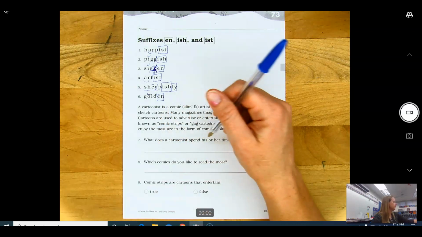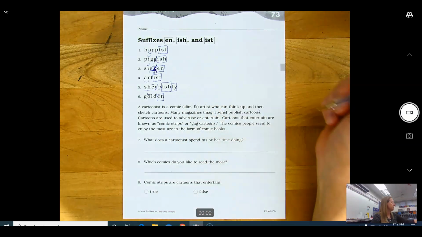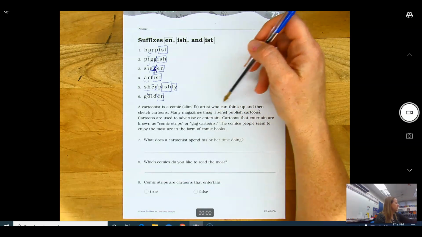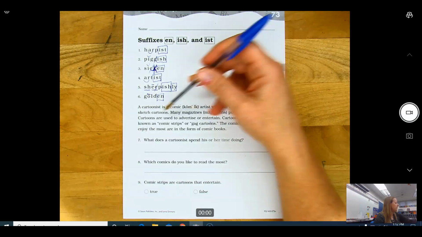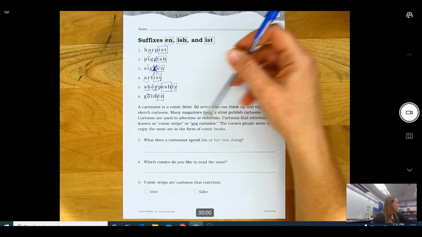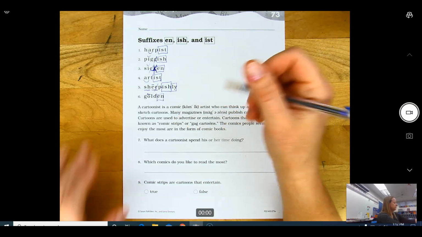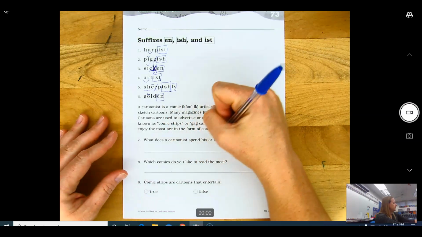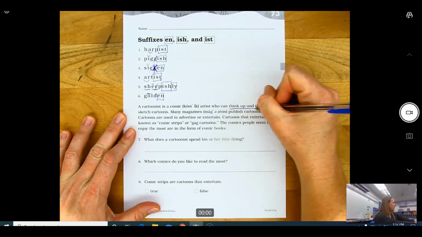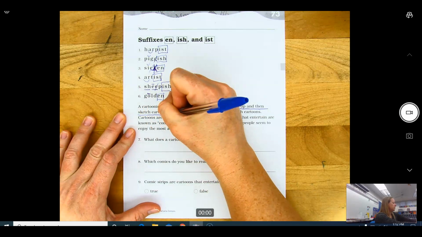What does a cartoonist spend his or her time doing? Let's see. Cartoonist is a comic artist who can think up and then sketch cartoons. Okay, so a cartoonist spends most of his or her time thinking up and then sketching cartoons.